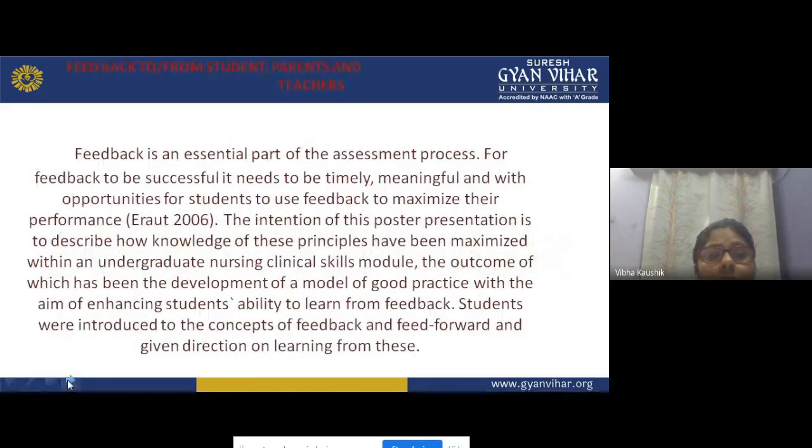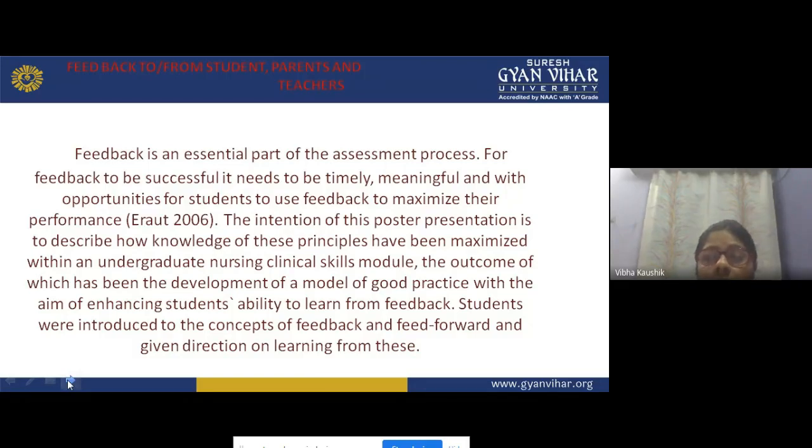Now, feedback is an essential part of the assessment process. Feedback is an important part of evaluation. For feedback to be successful, it needs to be timely, on time, and meaningful, with opportunities for students to use feedback to maximize improvement in their performances.